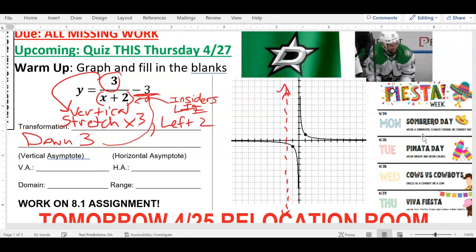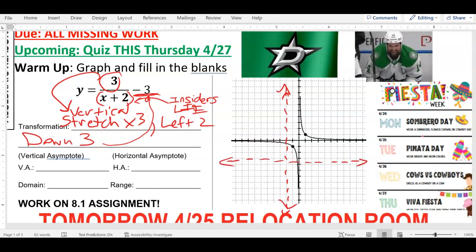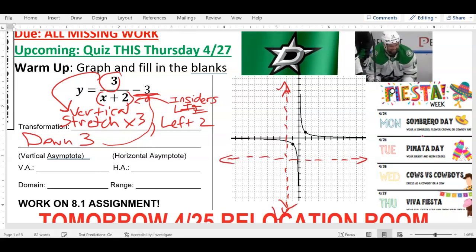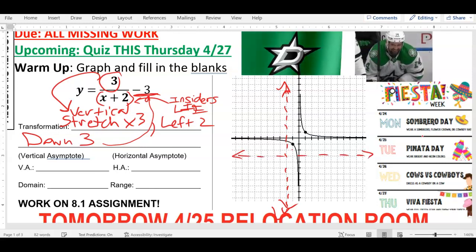And then we're going to go down 3. Okay, so we moved the vertical asymptote 2 to the left, the horizontal asymptote 3 down.